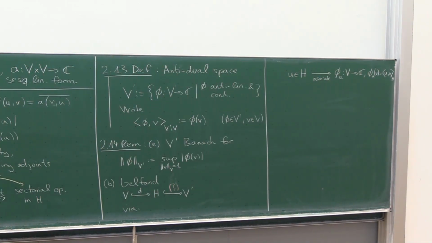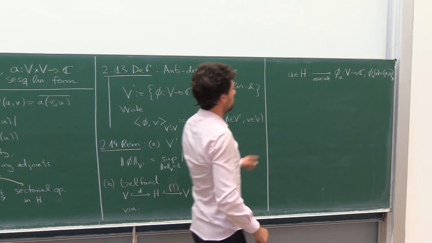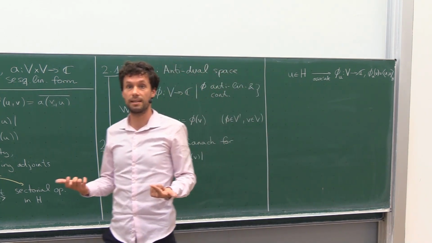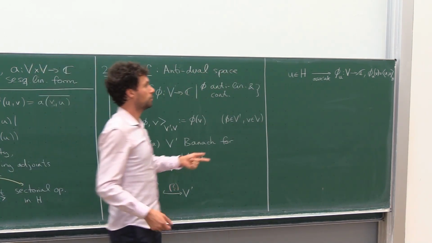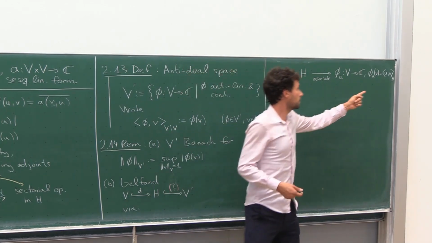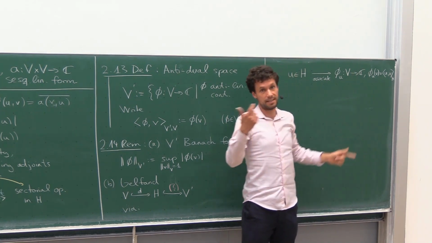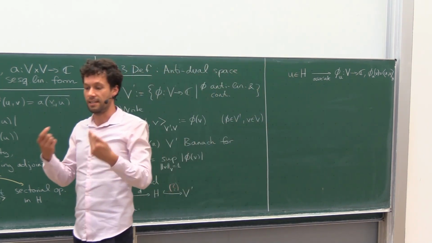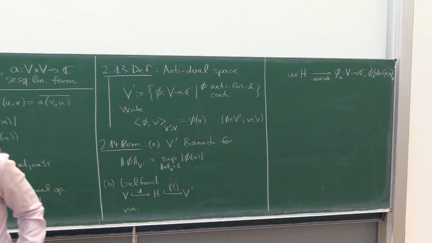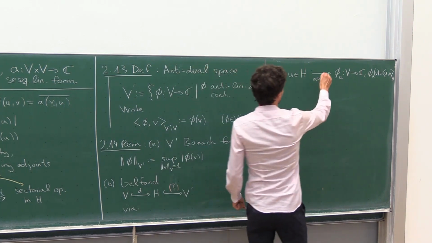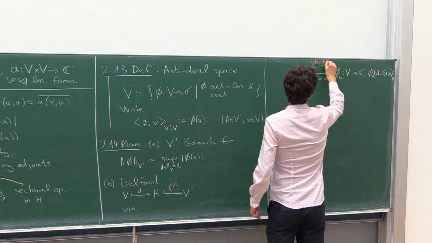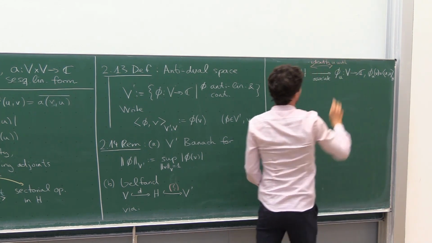And this functional explained in that way uniquely determines U as an element of H. If the functional would be acting on all of H, this would just be the Riesz representation theorem, but because this functional is continuous on H and V is dense in H, the restriction to V is enough to characterize U as an element of H, and so I can also identify U with this functional.